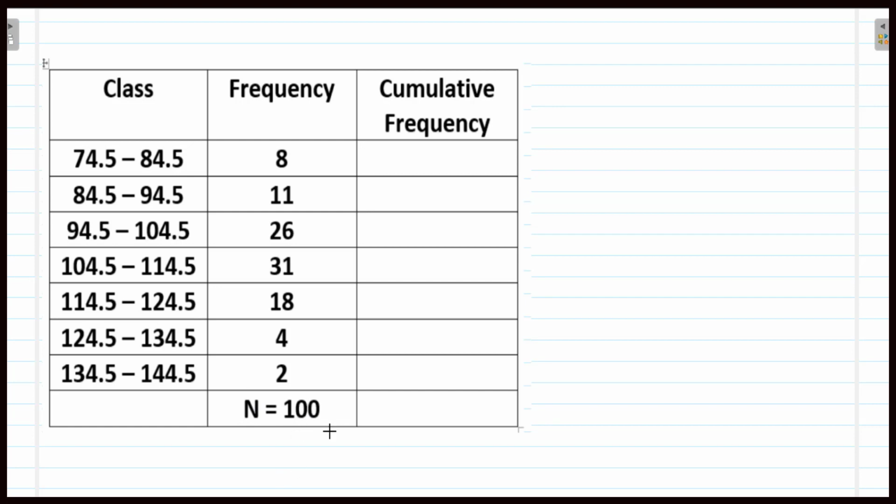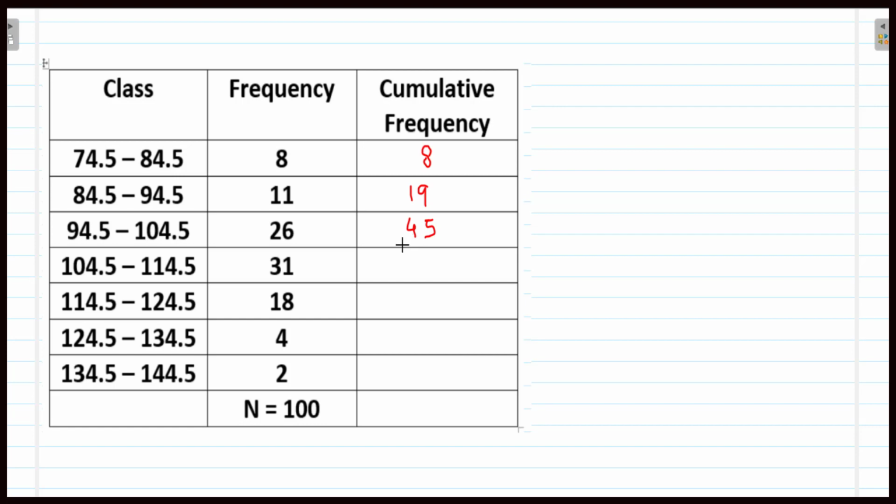Then we find the cumulative frequency. To find the cumulative frequency, we write this 8 as it is. Then we add 11 to this 8, so 8 plus 11 is 19. Then we add 26 to 19, that is 45.